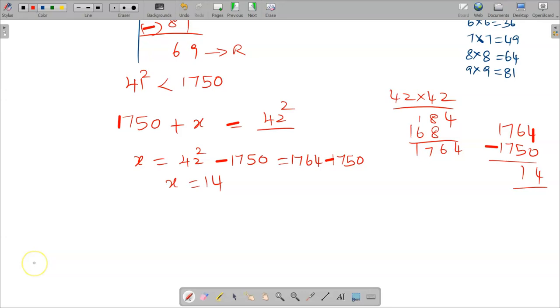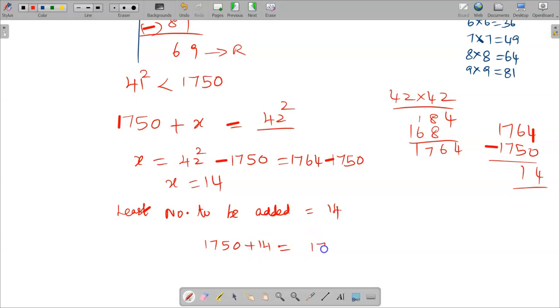So the least number to be added is 14, right? And then we have to find out the square root of the perfect square also. Okay, so what is 1750 plus 14?